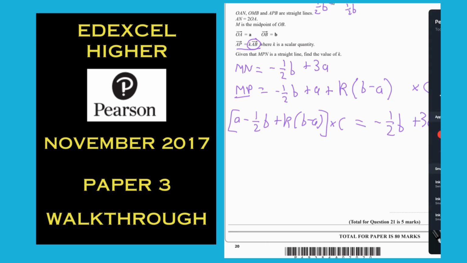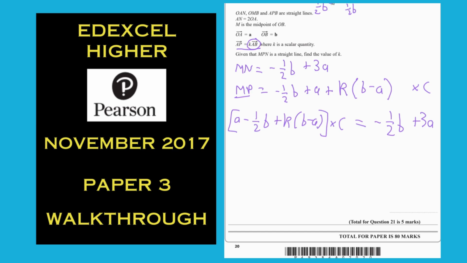So in other words, let's try and pick it out with a different colour. I can say that whatever is next to A, so there's a 1 in here, sorry, there's a 1C by the way, because the C is times by everything. Then, what is next to A here?